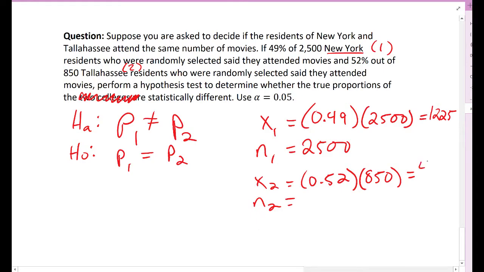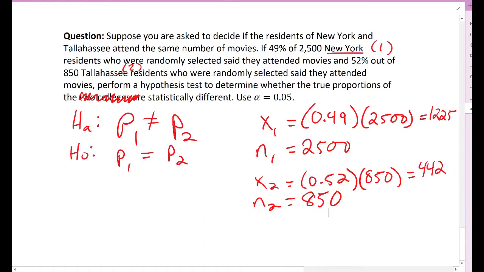Okay. As before with proportions, remember X has to be a whole number. If you multiply this out and you're getting a decimal, make sure you round up to a whole number. N2 is 850. And now we have all the information we need in order to perform our two proportion hypothesis test.